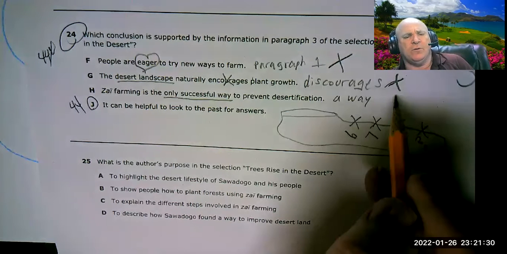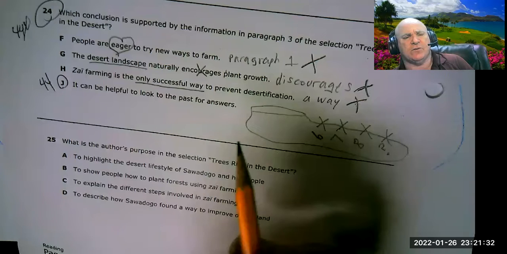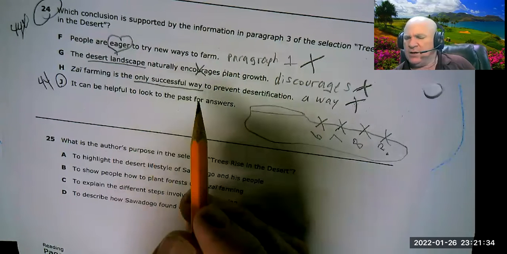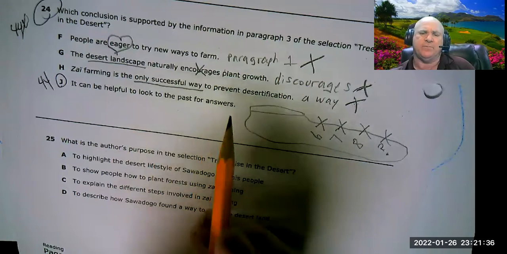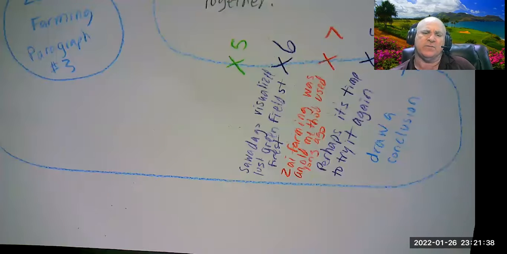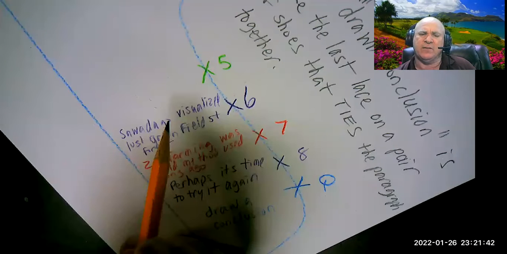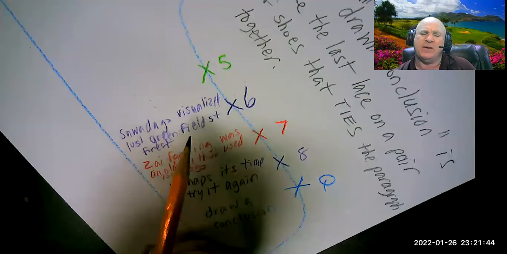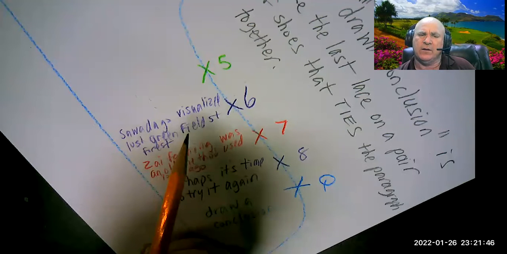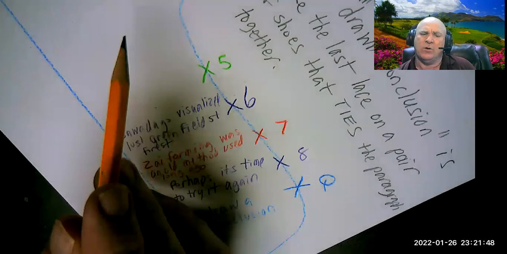It can be helpful to look to the past for answers. Well, because when you look closely at sentence 6, Sawadogo visualized the lush green field because of the things that he did in paragraph 1, an old way.